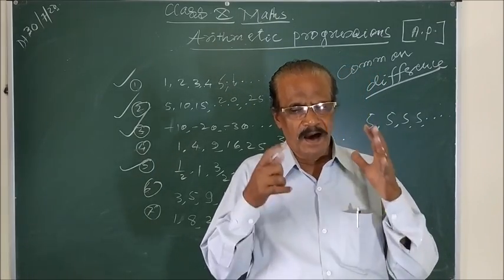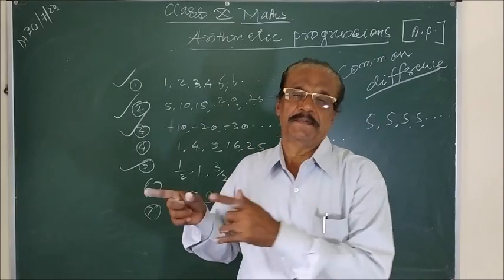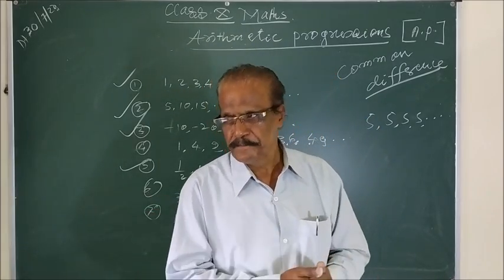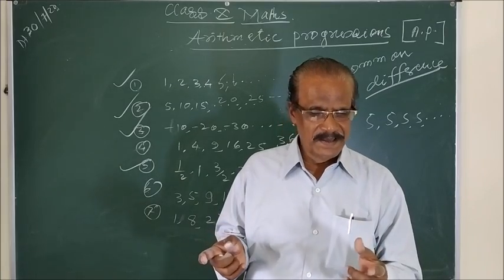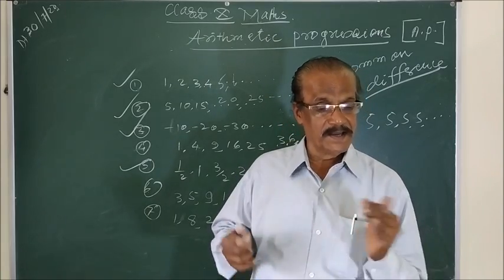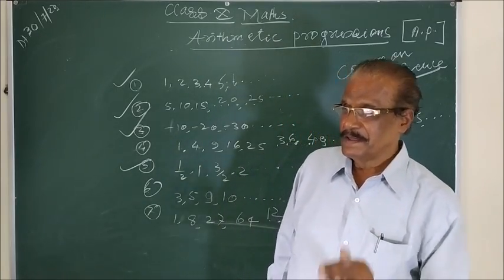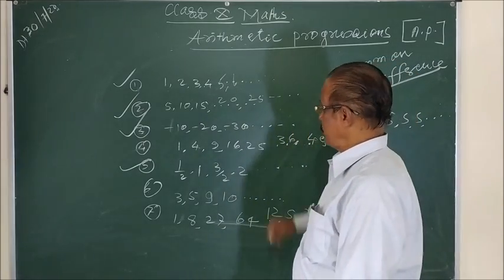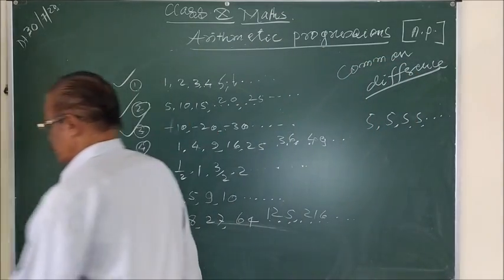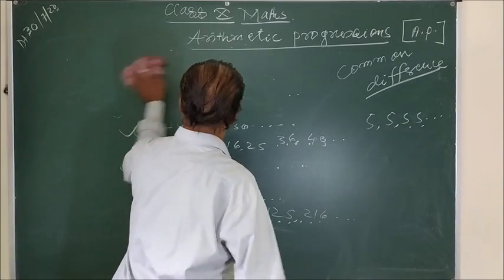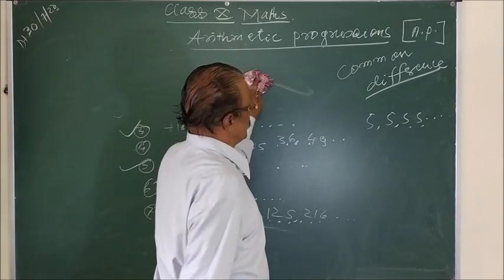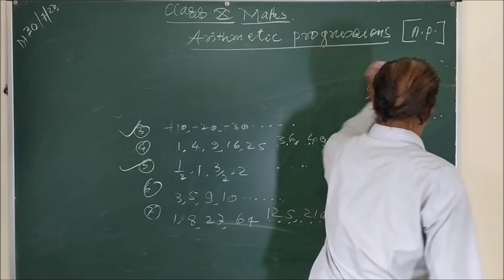The numbers are called in AP, otherwise not. And the fixed number by which each number is decreasing or increasing, that is called common difference. My dear students, so this is the explanation of AP common difference.